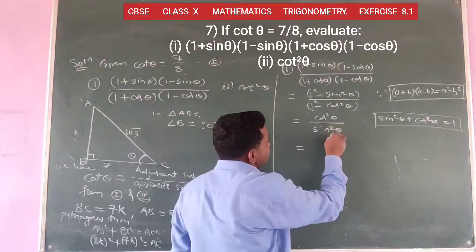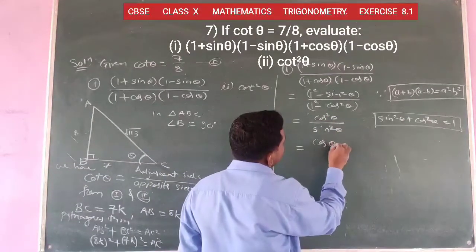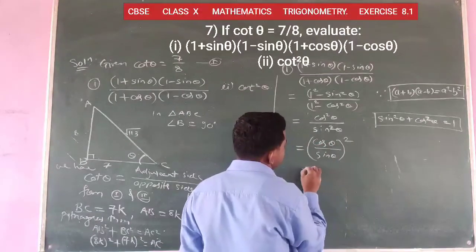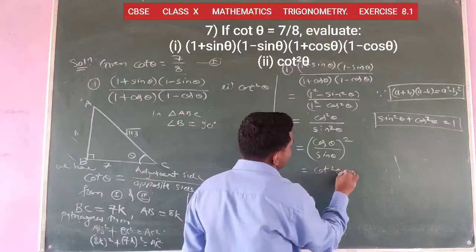Now cos square upon sin square, you just write down as cos theta upon sin theta whole bracket square, and write down cot square theta.